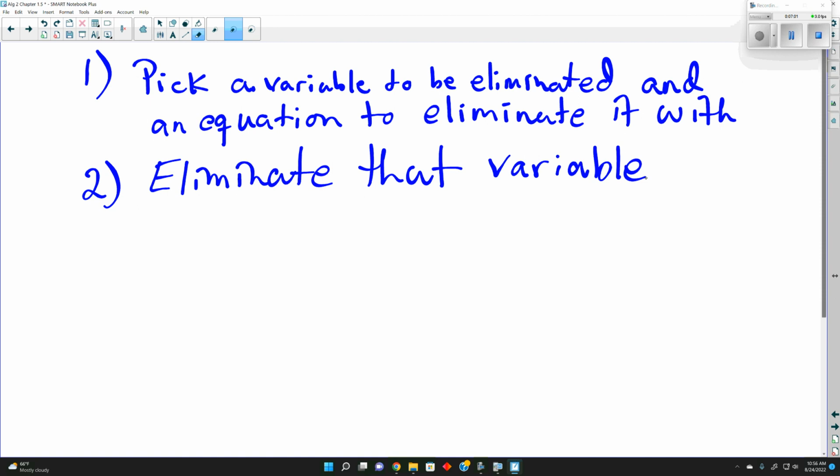And guys, so what we're doing is we're taking three equations with three variables and bringing it down to two equations with two.